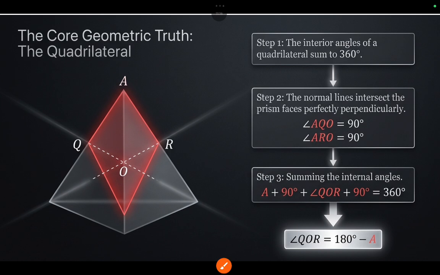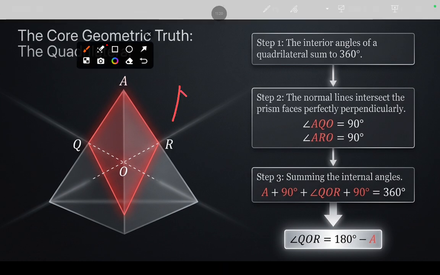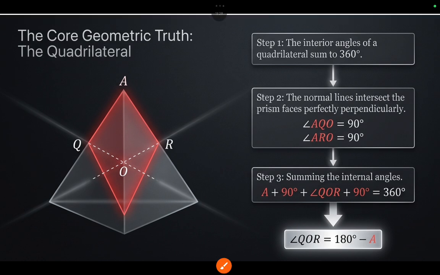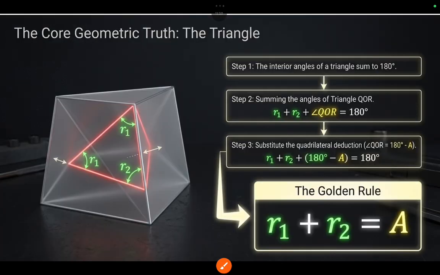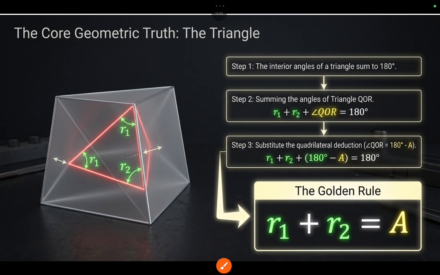So that is quadrilateral system AQOR. From quadrilateral AQOR we got QOR equal to 180 minus A. Then from the geometry part, once again I will draw. So this is the triangle we consider.